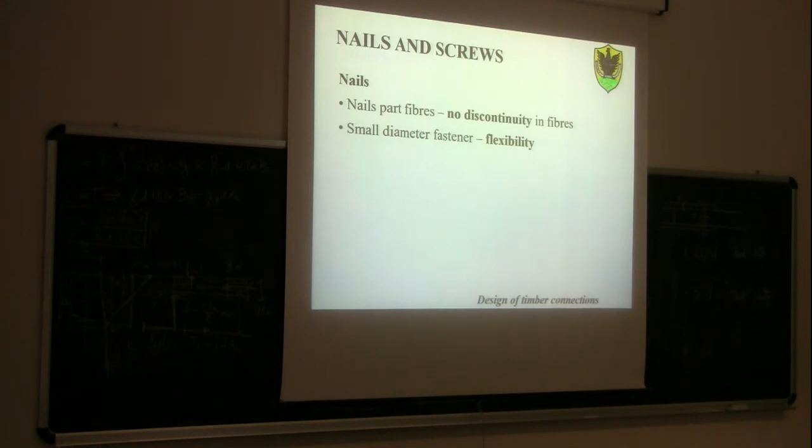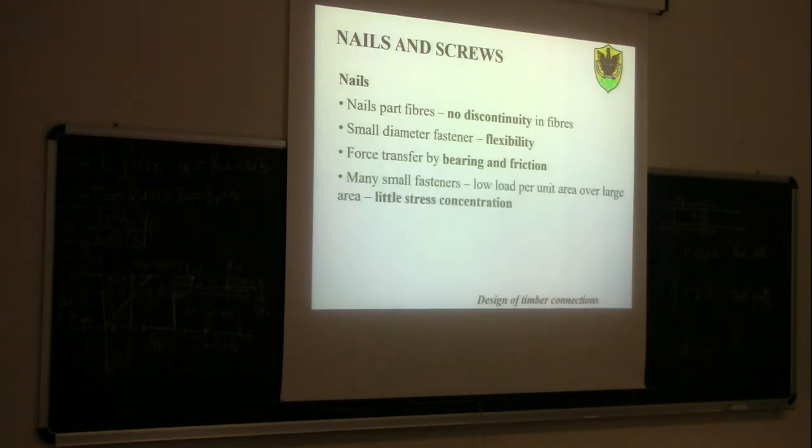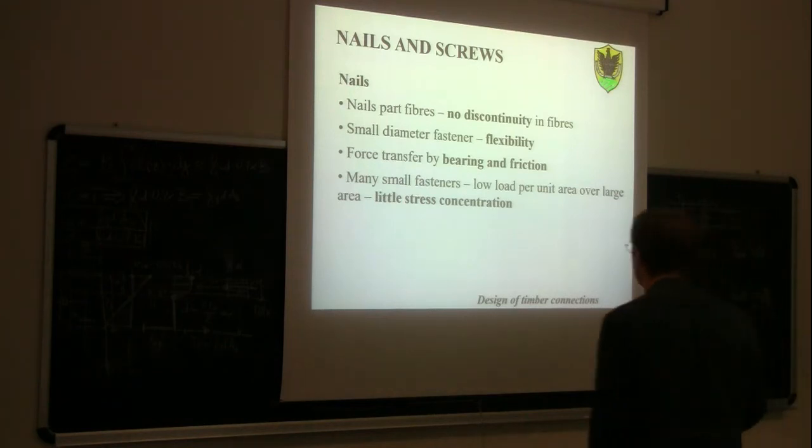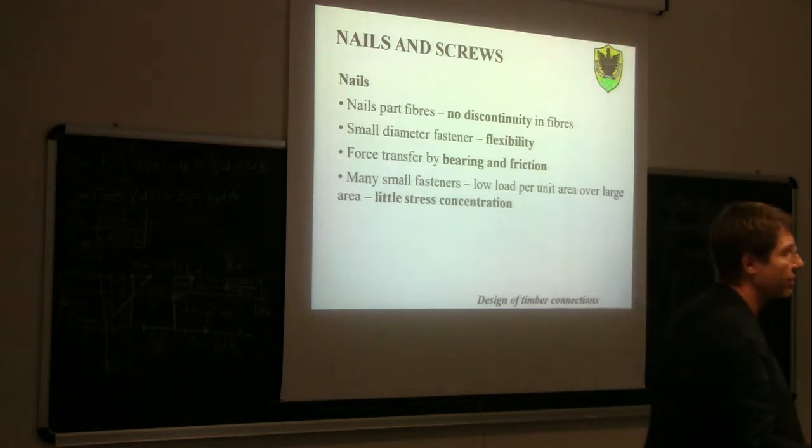Those are small diameter fasteners, so they are very flexible to use. The forces are transferred mostly by bearing and friction. And then we have many small fasteners, so low load per unit area over a large area, so little stress concentration.